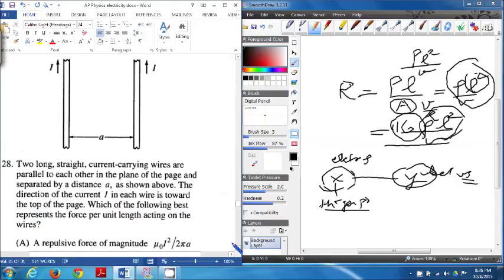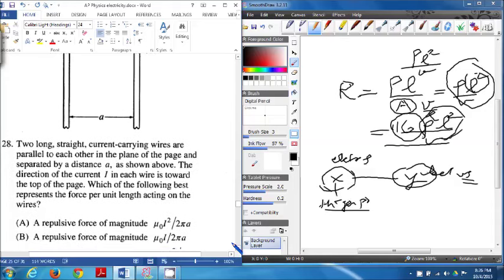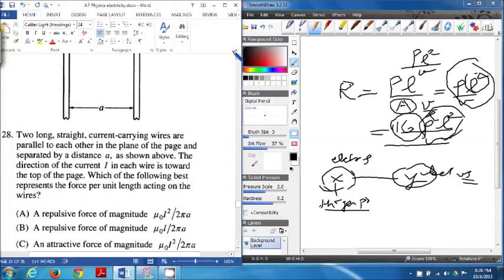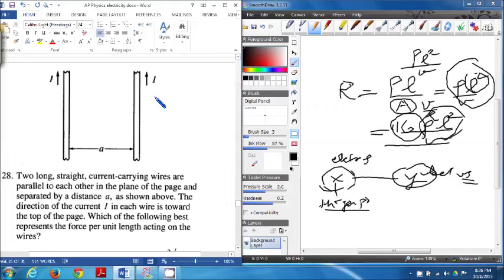Two long straight current carrying wires are parallel to each other in the plane of the page and separated by a distance a, as shown above. The direction of the current in each wire is toward the top of the page. Which of the following best represents the force per unit length acting on the wires? Now here the current is like this.